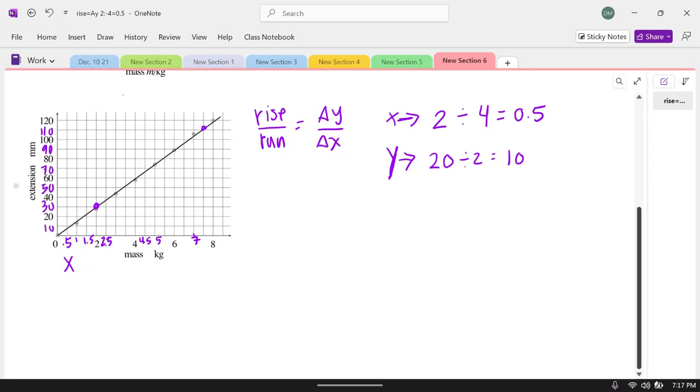Now that I know what each line goes up by, when I'm doing my rise, don't count by ones, count by tens. So instead of saying that this rise would be 8, I would say 10, 20, 30, 40, 50, 60, 70, 80. My rise is actually 80.